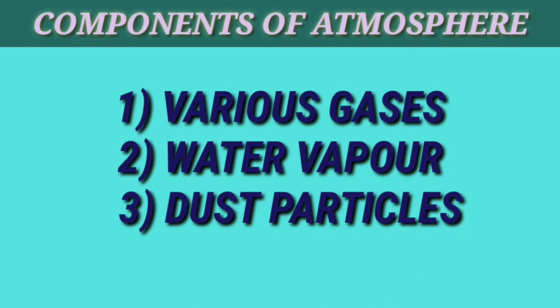Atmosphere contains water in the form of water vapor, which decides humidity of air. Number 3, dust particles. Atmosphere contains two types of dust particles. These are organic and inorganic dust particles.